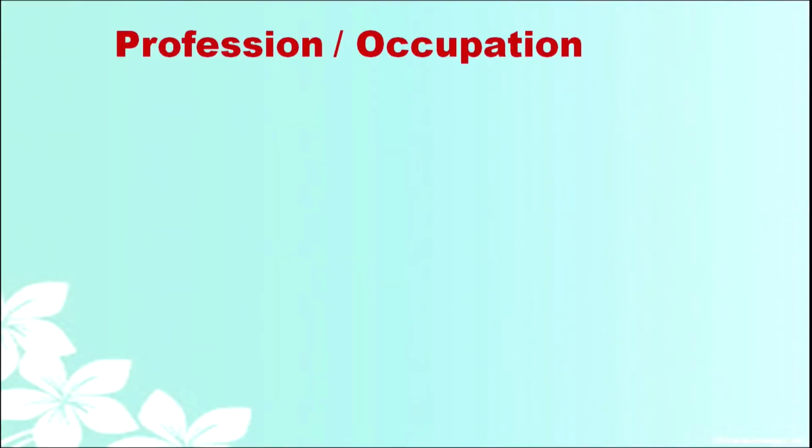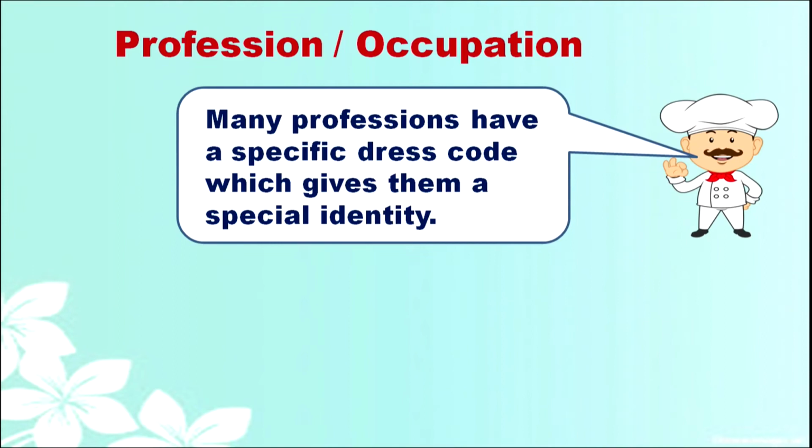Apart from the age, there is another very important factor that we need to take care of, and that is profession. We've already briefly touched upon professionals choosing the fabrics that will help them sustain throughout the day. Many professions have a specific dress code, and that not only gives them a special identity, but this dress code also makes sense.